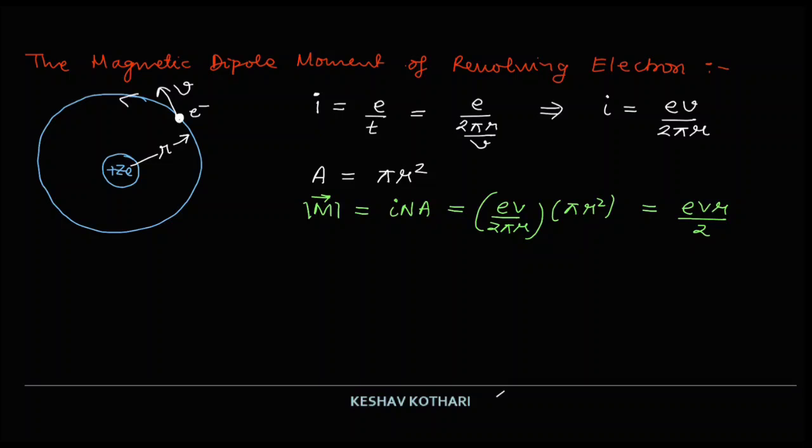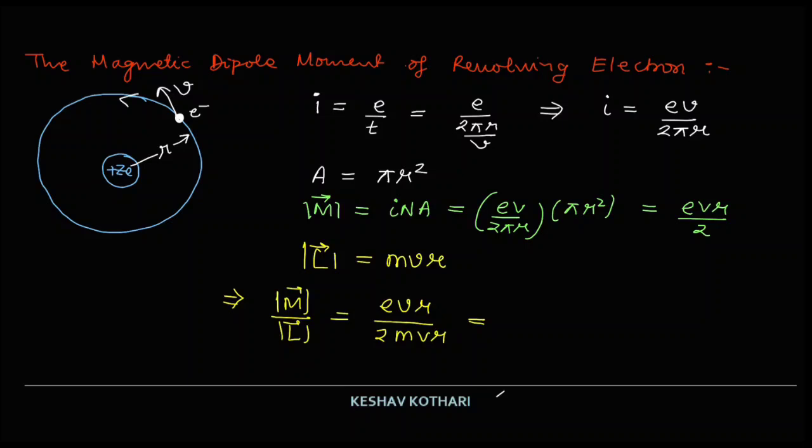If we write the angular momentum because of the motion of the electron, the magnitude of angular momentum will be written as mvr. And if we calculate the ratio between the magnetic moment and the angular momentum of the revolving electron, we will attain a value like this: evr by 2 into mvr.